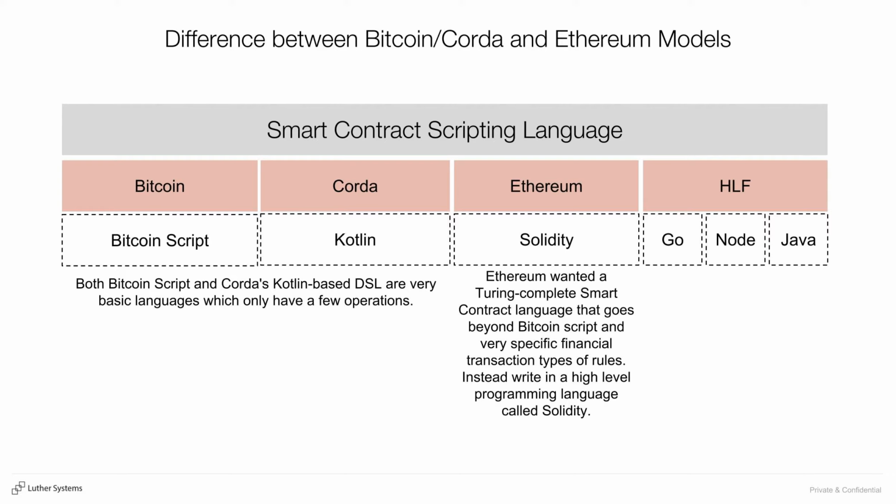It's a pretty basic language that involves yes or no predicates that are encoded in the transaction. Now, basic meaning like a domain-specific language where you only have a few operations, like checking to see if someone has signed a message, checking to see if they're not trying to spend more funds than are contained in the inputs of the transaction.